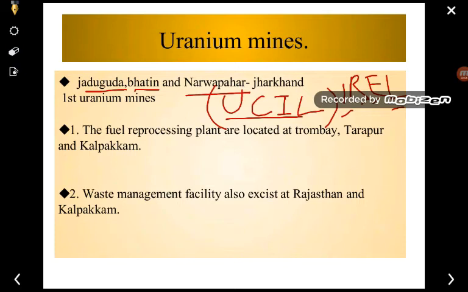So these are the three most important places where mining of uranium is done, and all three are located in Jharkhand. So you can say that Jharkhand is a state where mining of uranium is done.